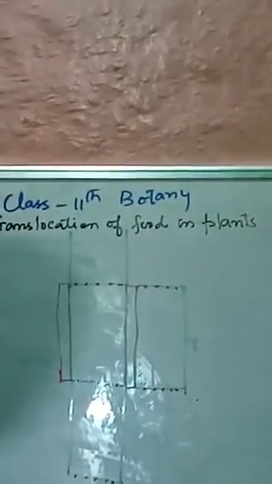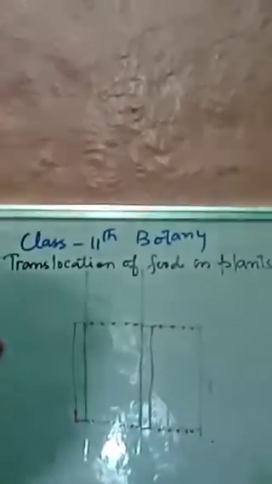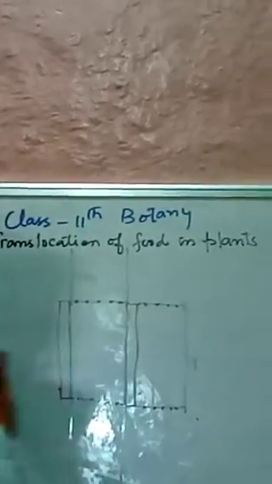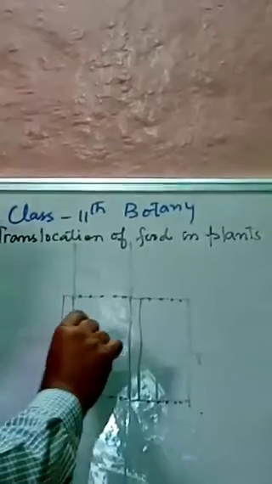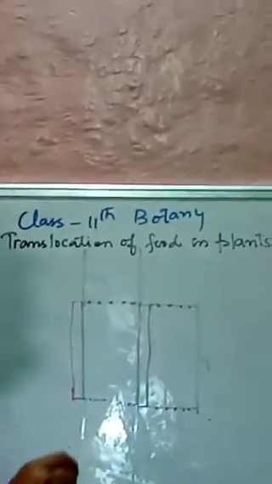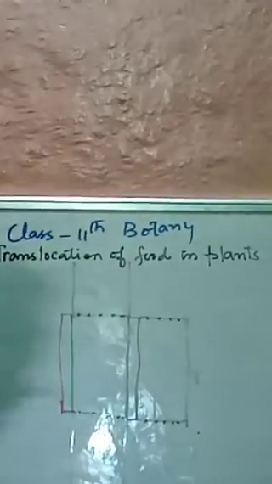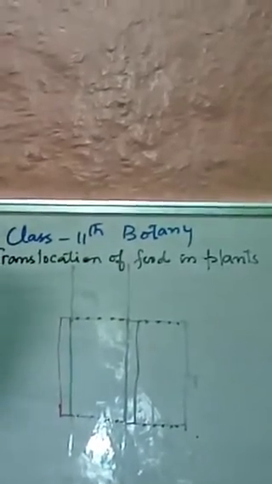Now we know that the food which is synthesized, it is synthesized as glucose, then it is translocated as sucrose, then it is stored as starch. What happens when it is being translocated from the leaves, from the source?